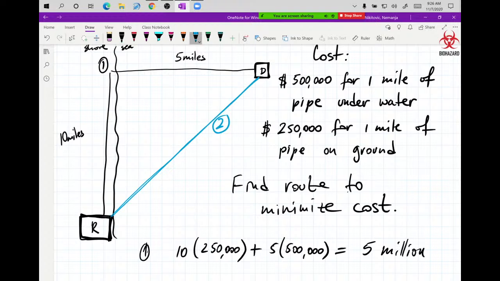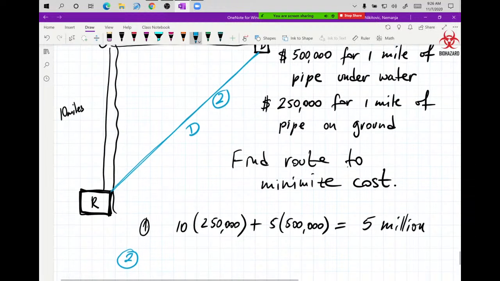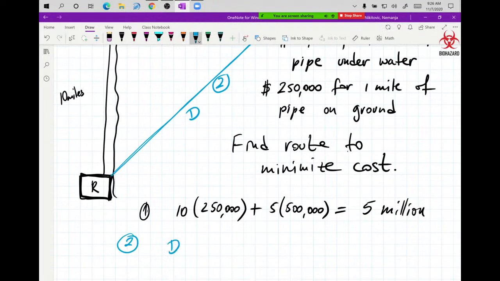Now, the blue path is also something to consider. You do not have on-ground pipe at all, but the blue pipe is the shortest distance. Maybe that one is going to do better, right? So now we first have to figure out that distance, D, and D squared is equal to 10 squared plus 5 squared by Pythagorean theorem.